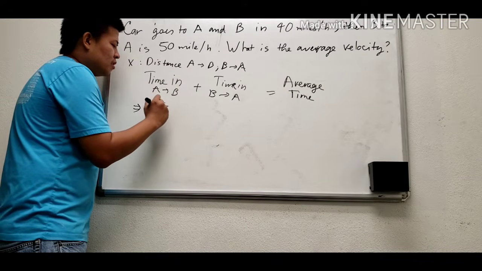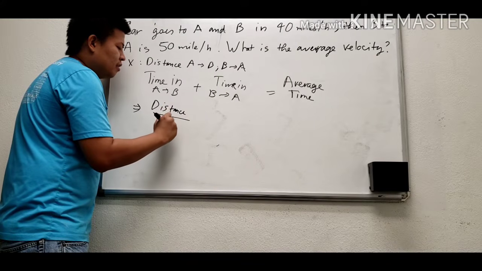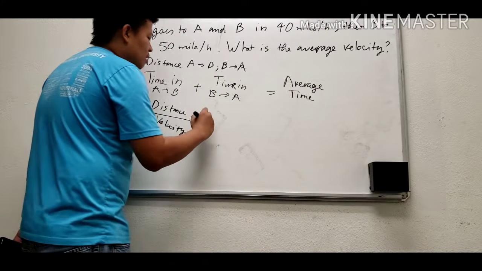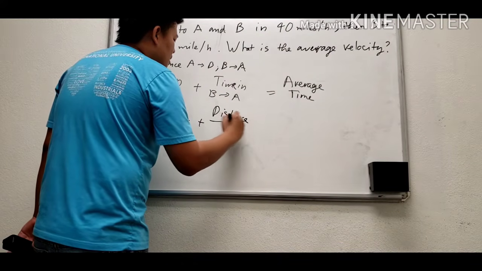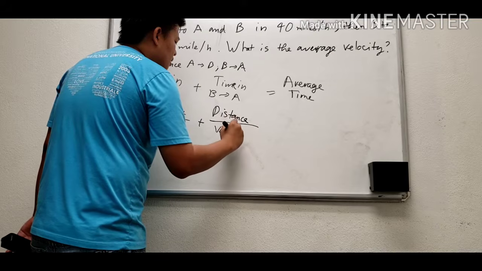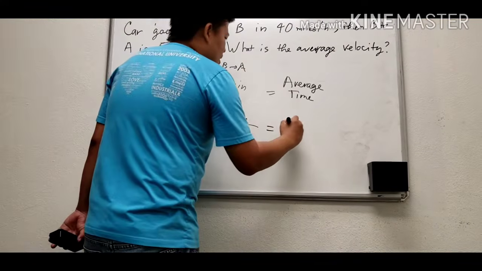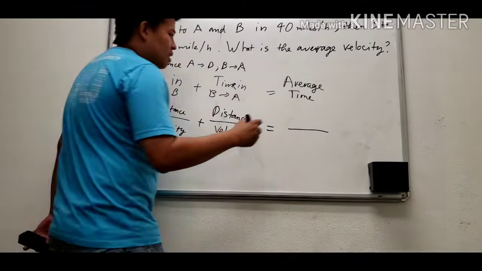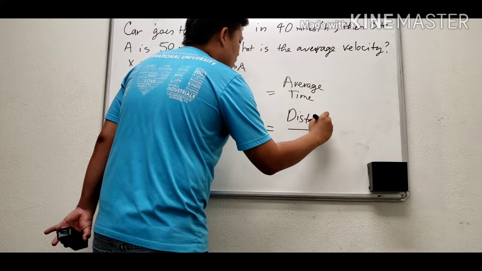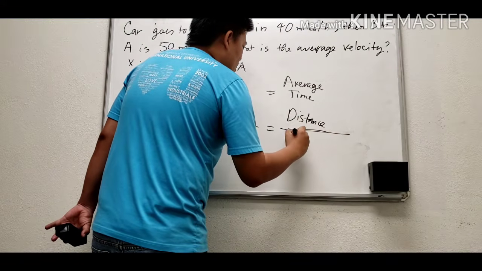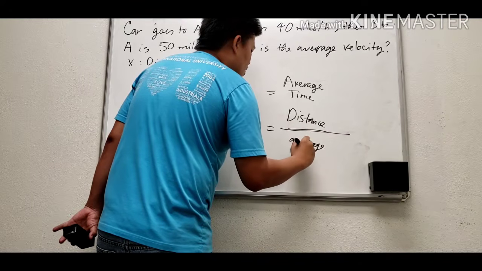So we have the distance divided by velocity, and again the distance divided by velocity, and the total time is the total distance divided by the average velocity.